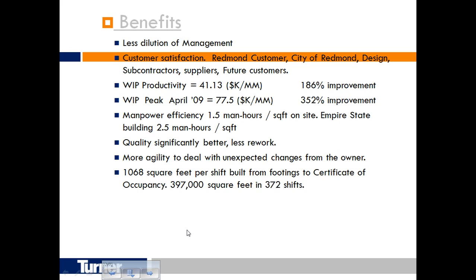Unfortunately, in the years since the Empire State Building, we were only able to cut it down to 1.5 man hours per square foot, but it still was a striking increase in productivity. Quality is significantly better, less rework. There's a lot more pride that goes on.